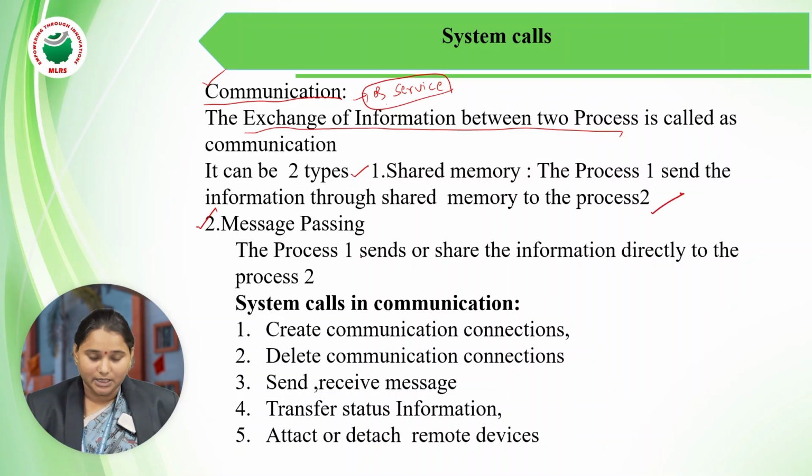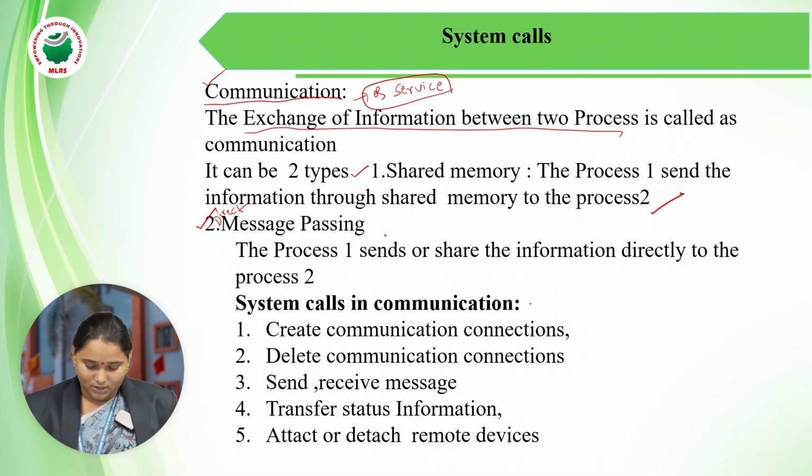Next, message passing. Here direct message passing is there. In direct message passing, process 1 sends a message to process 2, and process 2 accesses the message and replies to process 1.